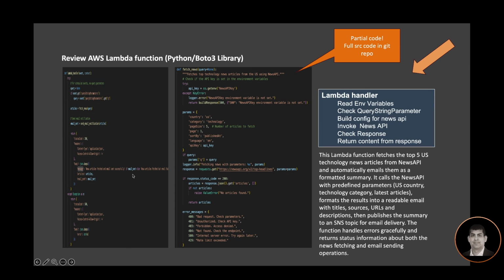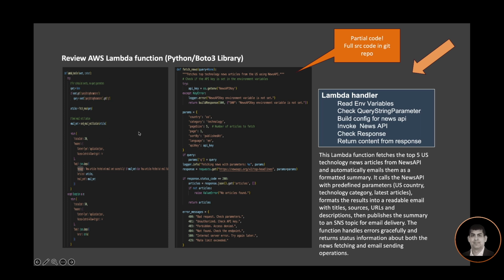This is not the full code, this is partial code, but it has a function which fetches the news using the public News API that I'm talking about, then it formats it, and using Lambda and SNS, it sends the retrieved content to the email.